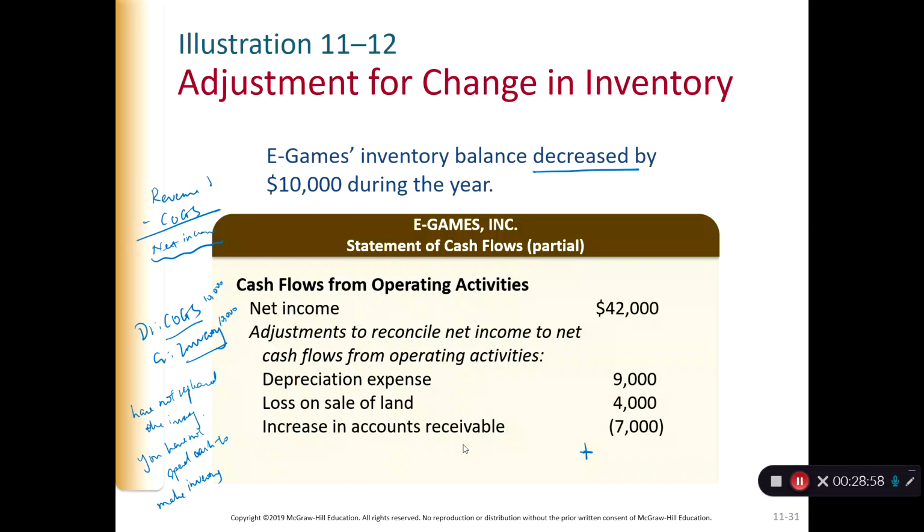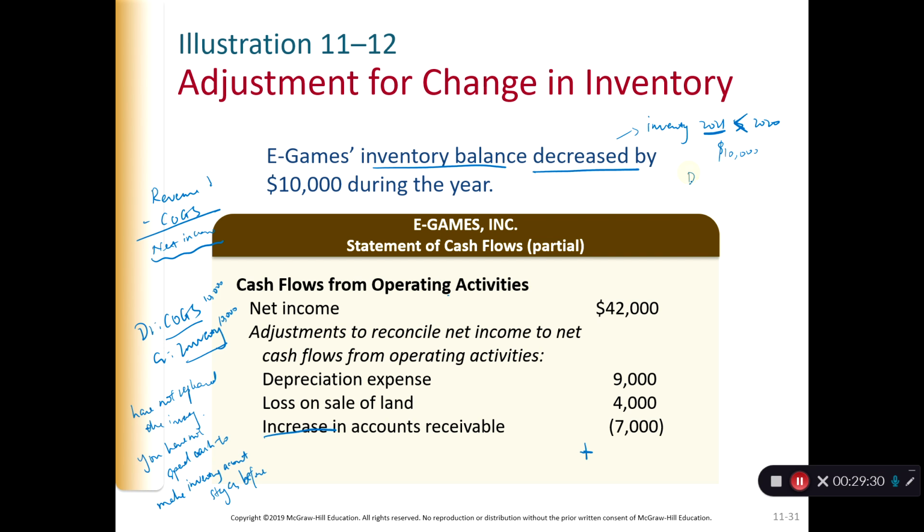Sorry. So you haven't spent cash to make the inventory account stay as before, right? You find that the inventory balance decreased. That means that the inventory in 2021 is smaller than in 2020. So that means that something was sold and it hasn't been replaced yet. It says $10,000 here.